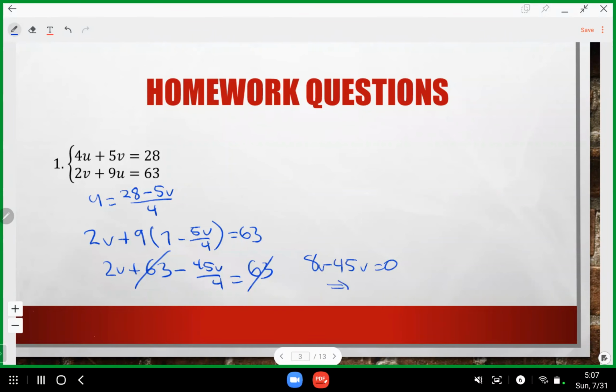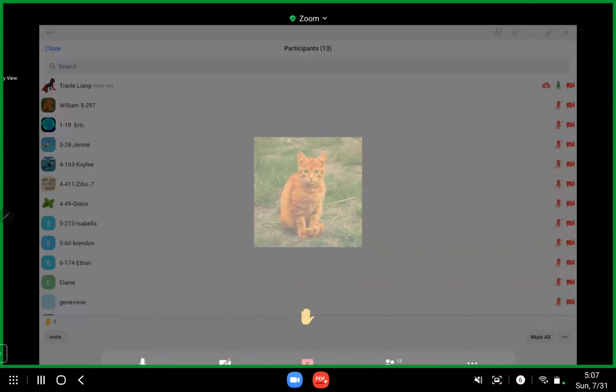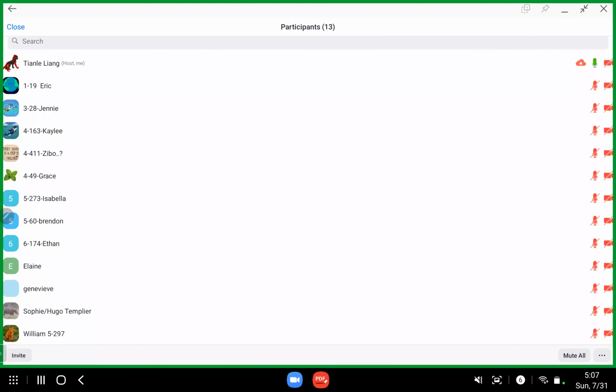Then I plug 0 into every V in the first equation. So 4U plus 0 is 28, and U is 7. All right, very good. And then you can also write it like this. Good. Hopefully everybody understood that. I think most of you that turned it in got it correct. That's pretty good.